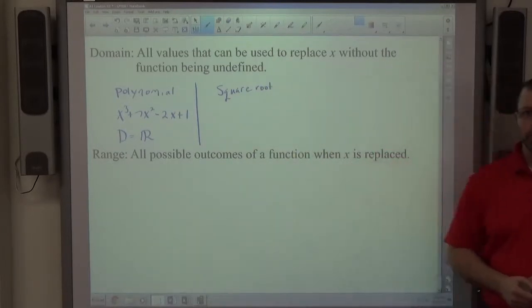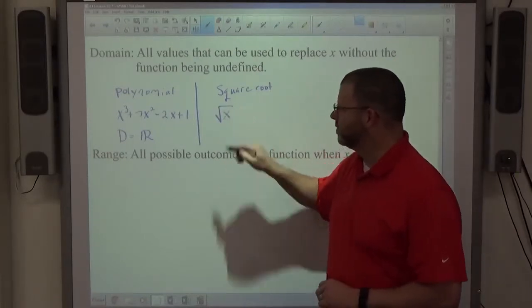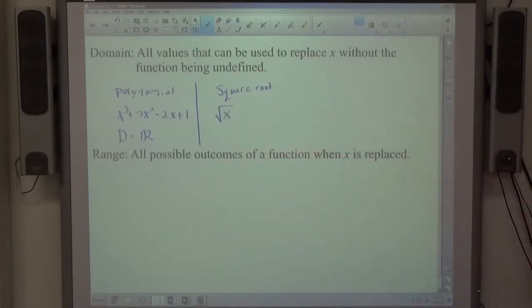Square root functions, such as the square root of x. Any restrictions on that? Anything out there we're not allowed to take the square root of legally? Square root of 4 equals 2, square root of 3 equals some decimal, but it equals something, right? Square root of 0 is 0. Anybody think a square root is something that's not allowed to happen?